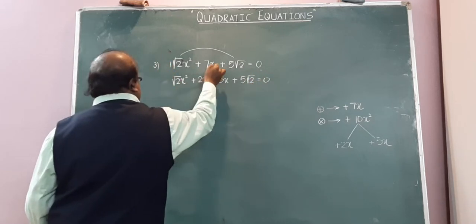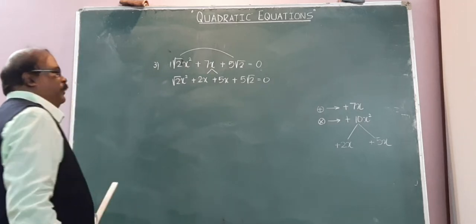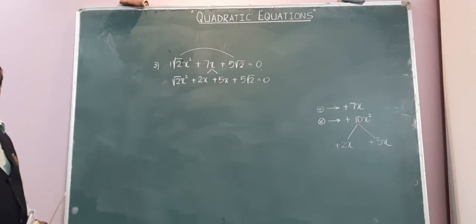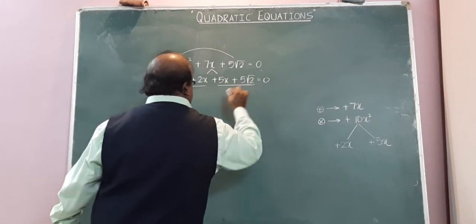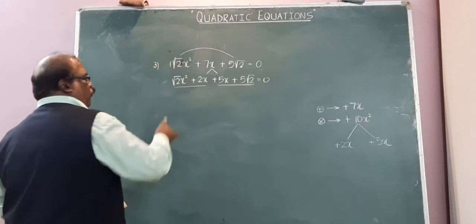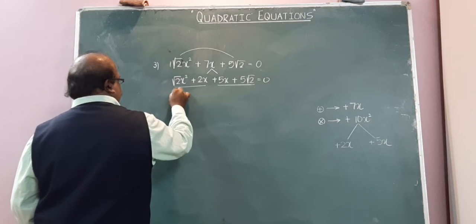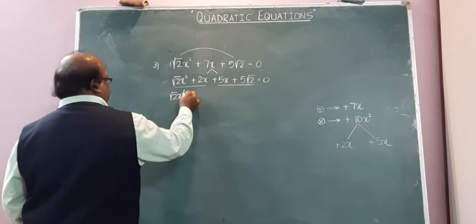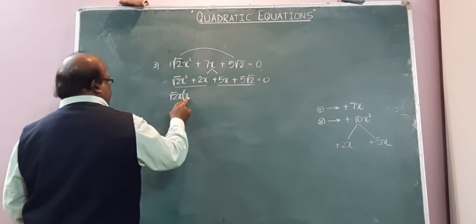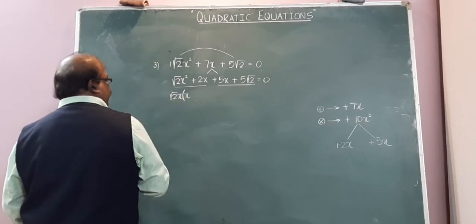Check. These two terms on adding must give you 7x. This is my first group. This is my second group. What is the common factor here? Root 2 into x. What is the remainder? x. Root 2 into x is root 2x square.